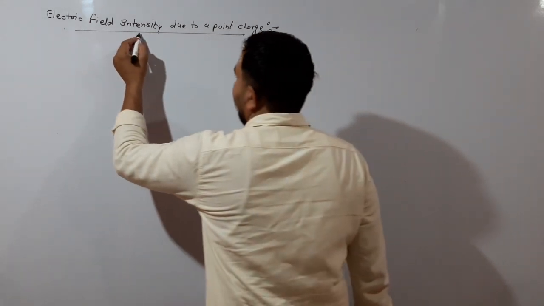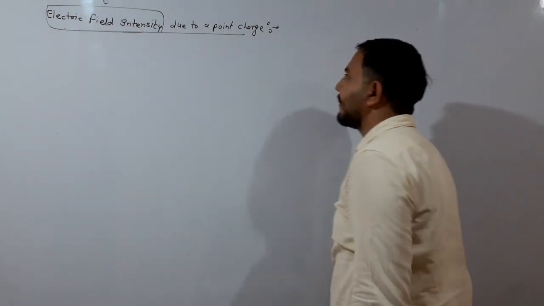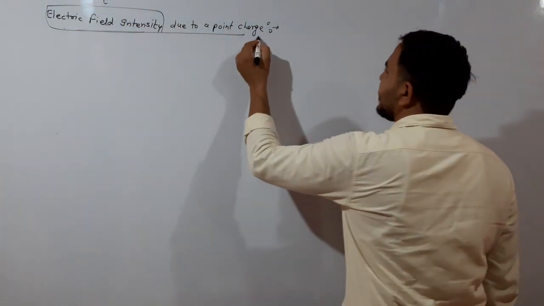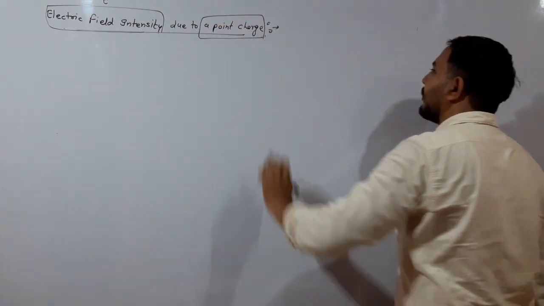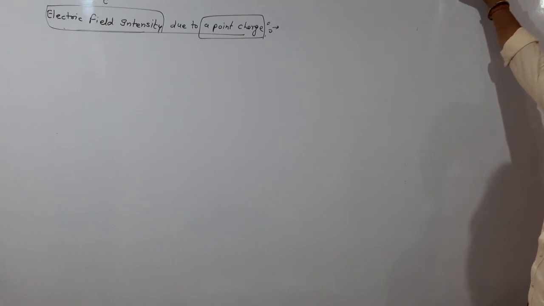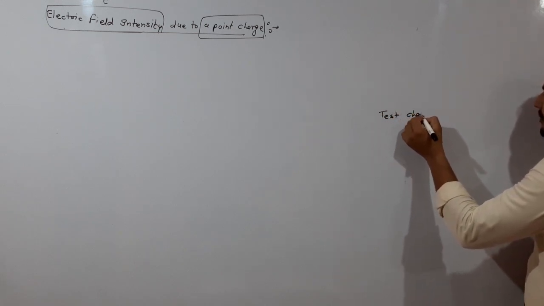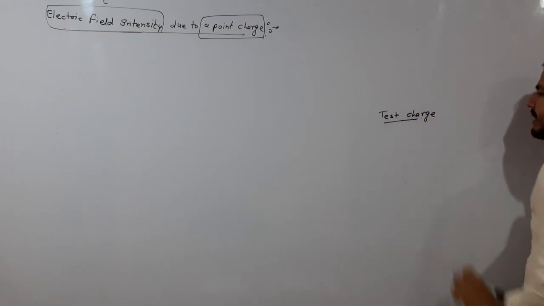In electric field intensity, we will find the value of E vector due to a point charge. When we start this topic, we first discuss the test charge. What is the definition of test charge?